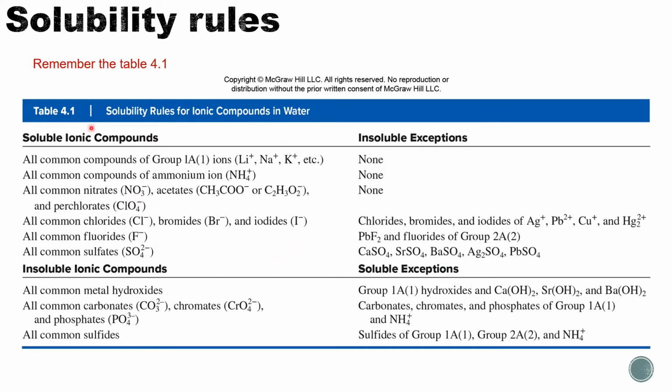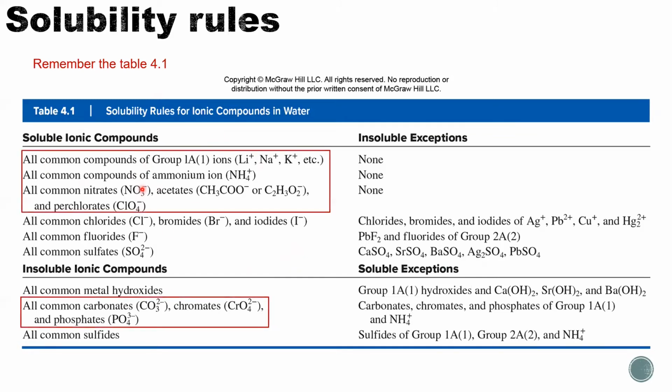If you take a closer look at this table, there are two groups of compounds that are either soluble or insoluble. The first part is all common compounds of group 1A ions, ammonium ions, or compounds with nitrate, acetates, and perchlorates.